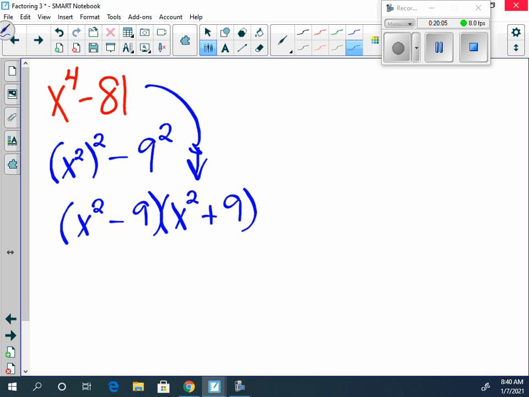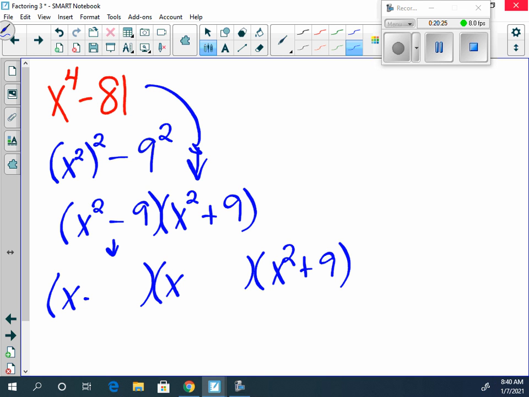X squared is a perfect square, and 9 is a perfect square, yes? So we can factor that again. But x squared plus 9 does not work. But x squared minus 9, you'd have what? Because in x squared minus 9, a and b would be x and 3.